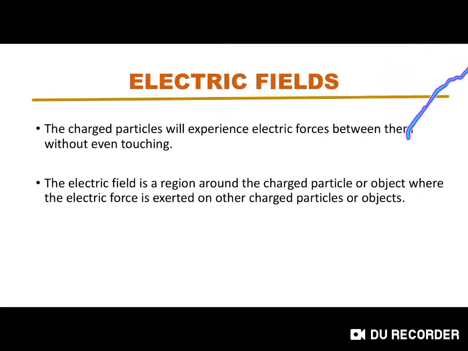Electric fields. Charged particles will experience electric forces between them without even touching. The electric field is a region around the charged particle or object where the electrical force is exerted on other charged particles or objects.